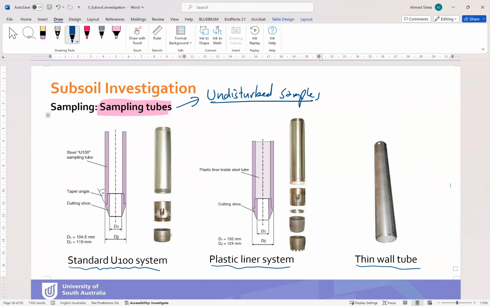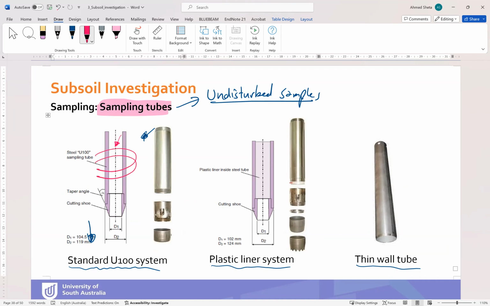If we look at the technique, it is pushing the sampler into the soil, and this will fill the sampler with soil.